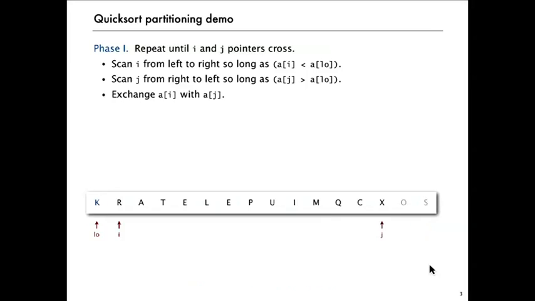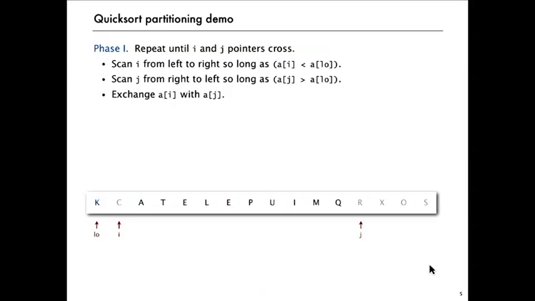The j pointer decrements until it gets to the C, which stops there because that's less than the partitioning element. And so now what's going to happen is those two elements are out of place. The partitioning element's in between them and they're in the wrong order. So all we want to do is exchange those and then move on.